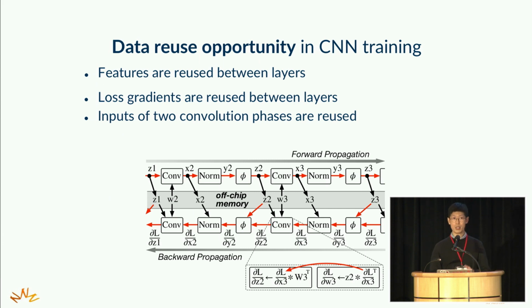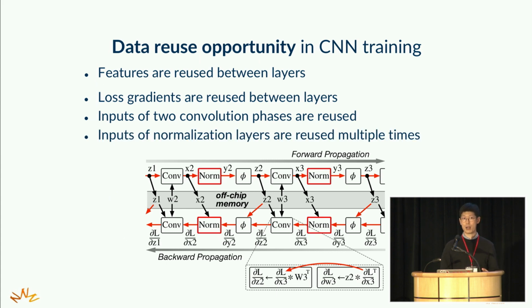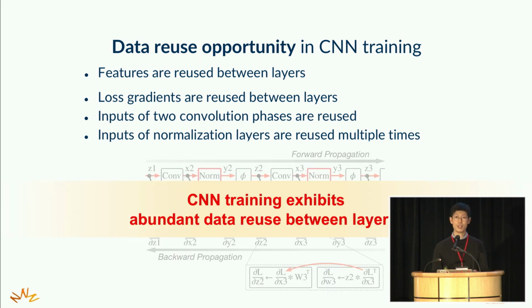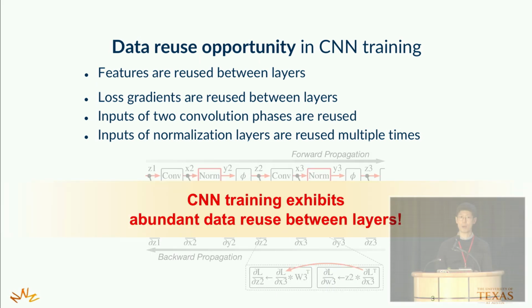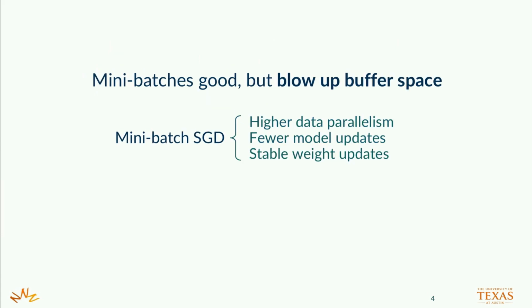The convolution layer in the back propagation has two phases, and their inputs are reused between the phases. The normalization layers in forward and backward propagation use their inputs multiple times to calculate mean, variance, normalize, and also calculate their gradients. So in short, CNN training shows abundant data reuse opportunity between layers.